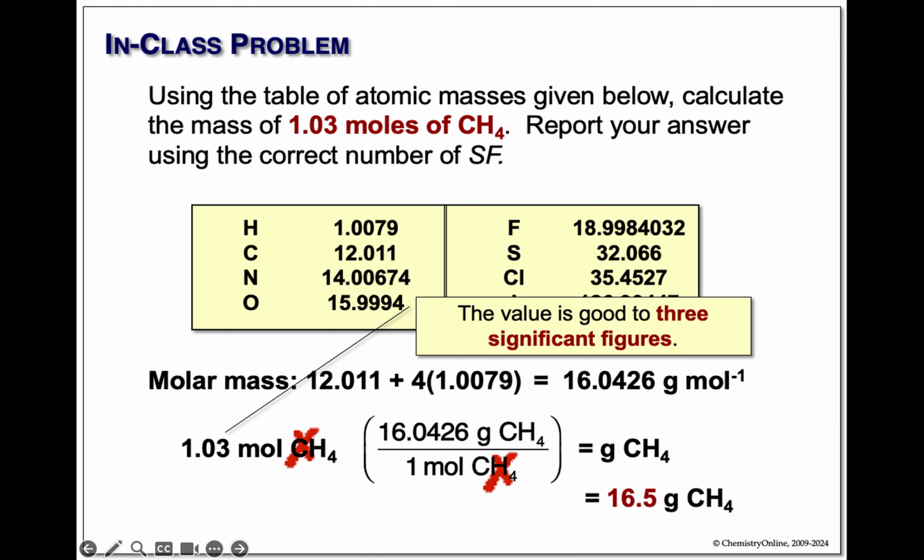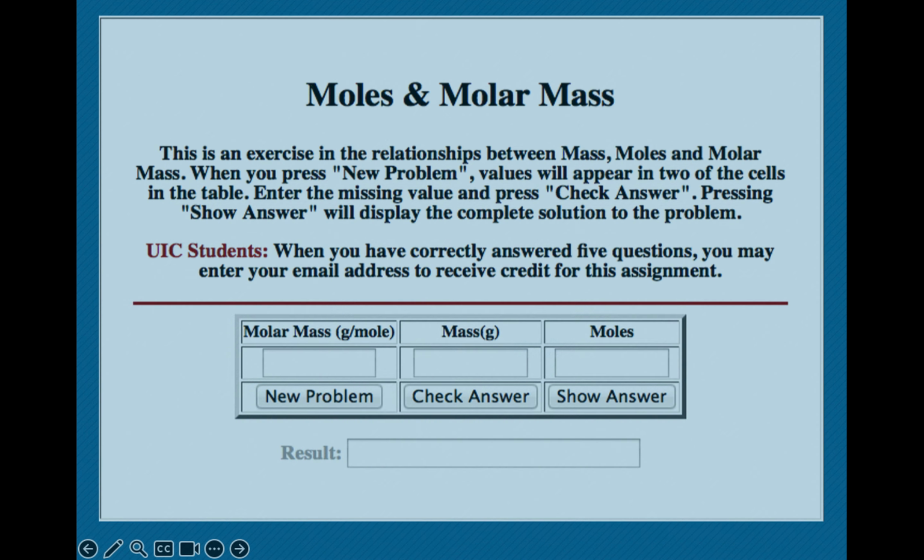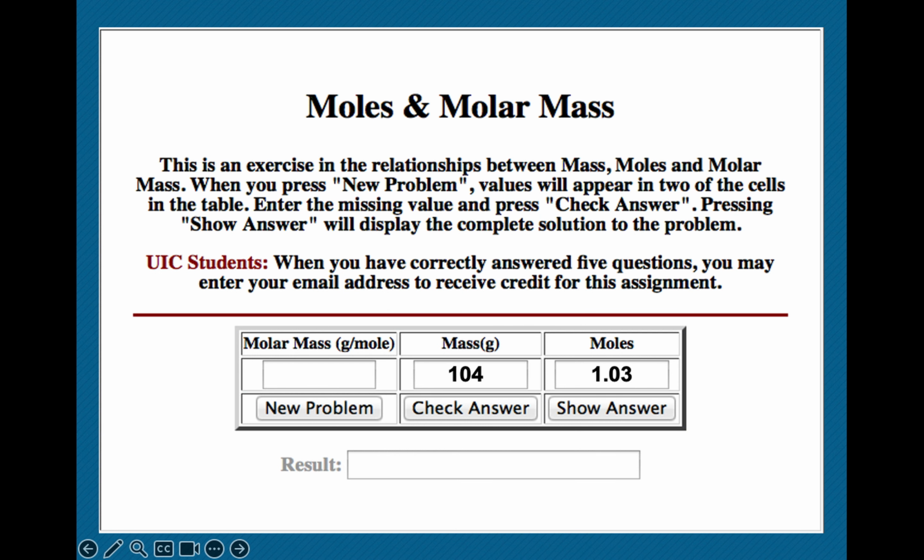Well, the second tutorial dealing with this is this one. It's a table. Everybody loves tables. As you go through new problems, you'll wind up with something missing in every one. Simply calculate.